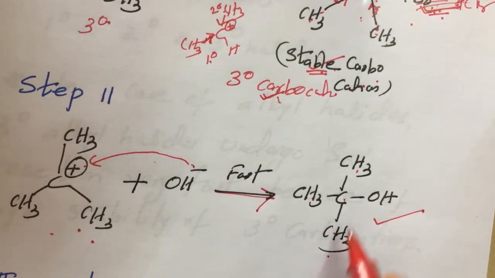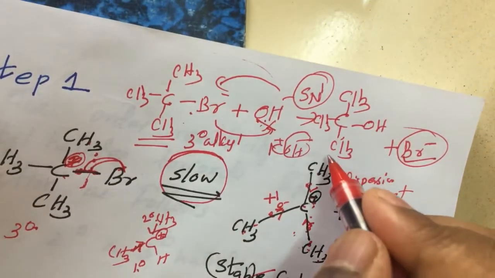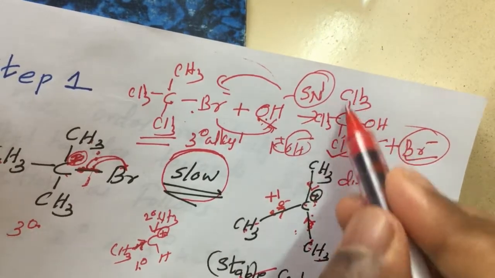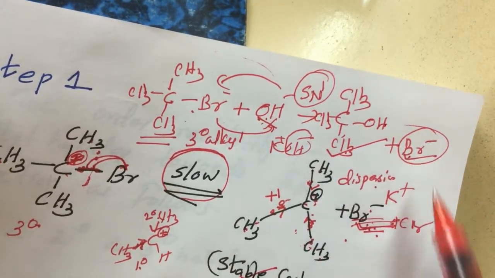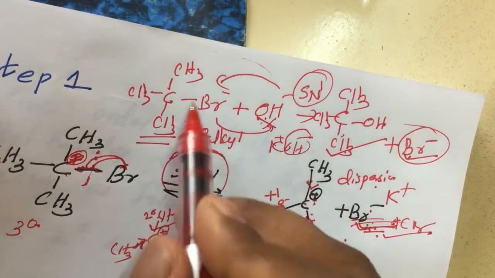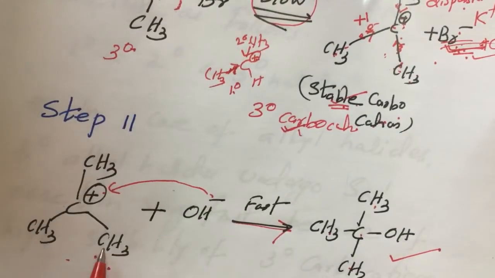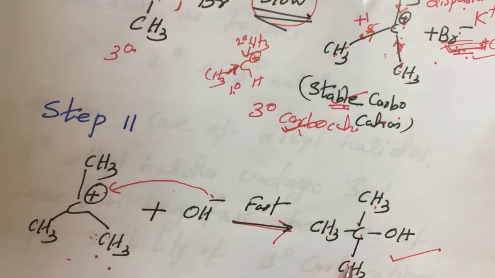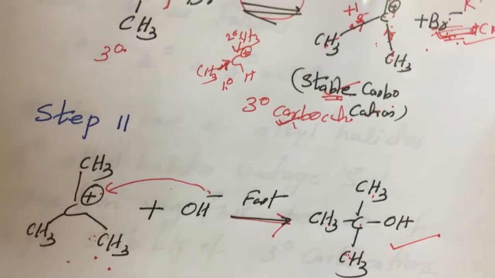So we got the product tertiary butyl alcohol. The byproduct Br negative is removed in the first step, and OH minus is added to this carbocation and forms the main product. Clear?